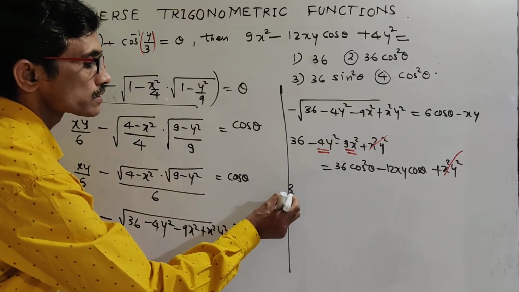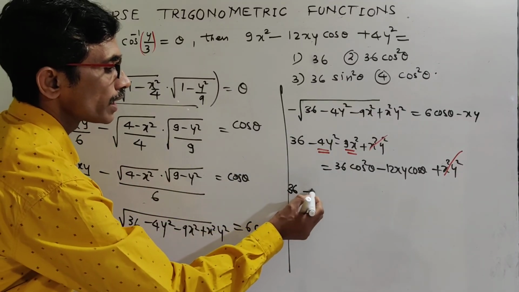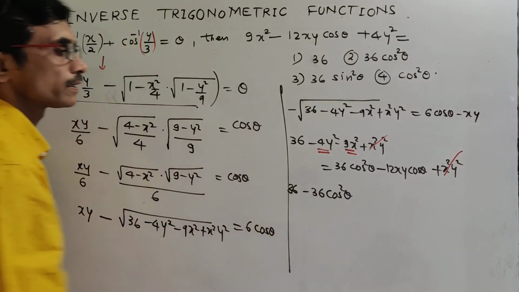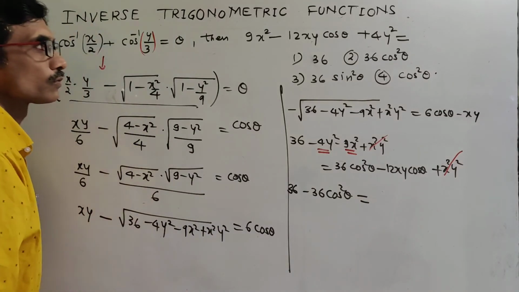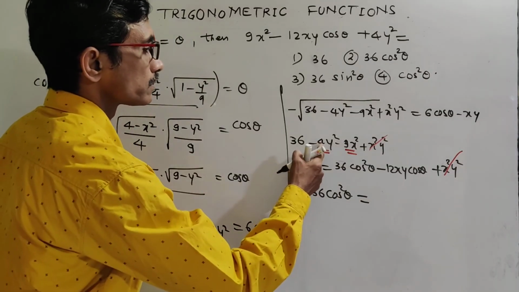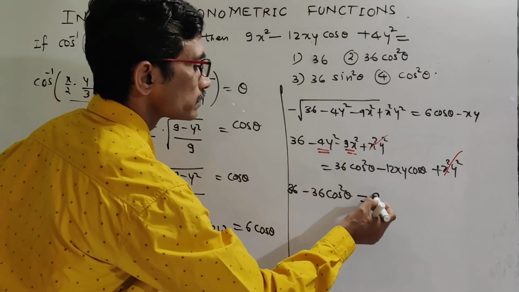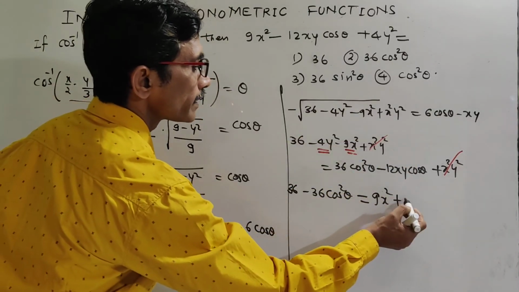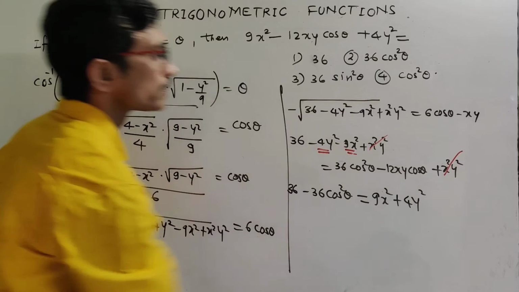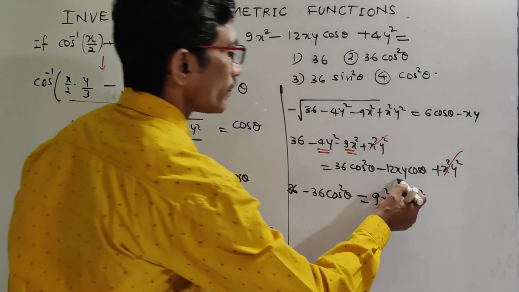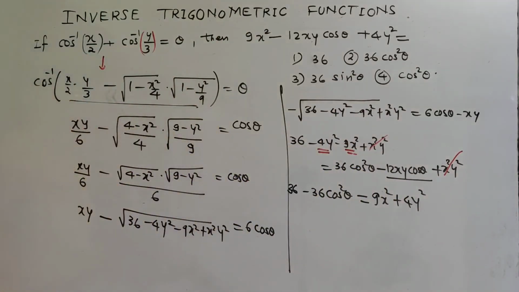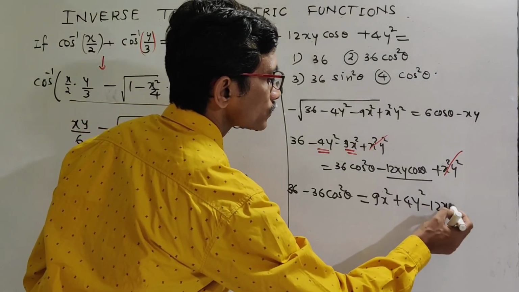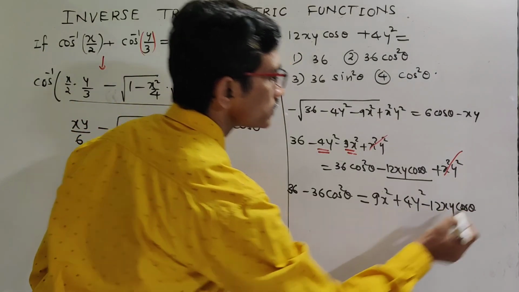So that gives us 36 minus 36 cos square theta, and the right hand side will become 9x square, 4y square, and minus 12xy cos theta.